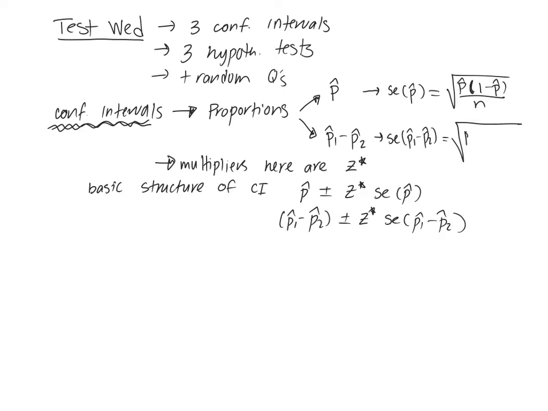P1 hat times 1 minus P1 hat over N1, plus P2 hat times 1 minus P2 hat over N2. So one thing you'll have to recognize is whether what you're looking at is one proportion or two. Does that make sense? That, in a nutshell, is confidence intervals for proportions.